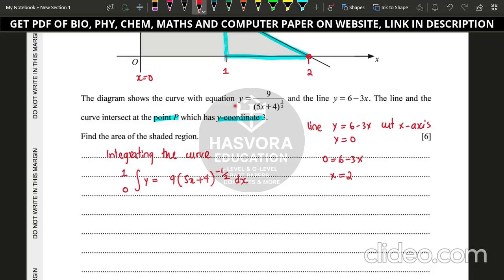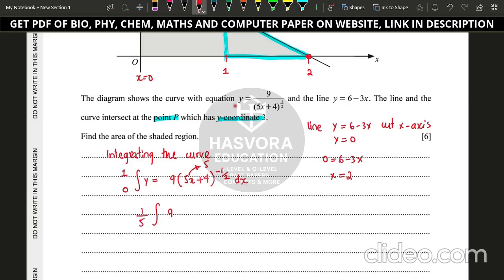Now let's integrate this. This becomes 9, and we will also have to account for the differentiation of this base, which is 5. We should have this outside the term. If I multiply the whole thing by 5, I also need 1 by 5 for balancing the equation.